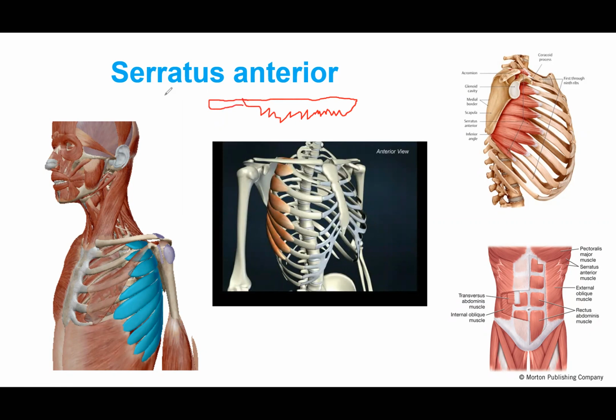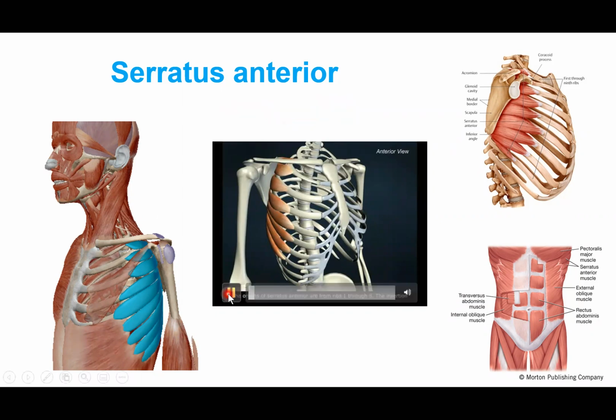Sorry, that drawing's not perfect, but serrated means it has this teeth-like situation. And as you can see, this muscle has this feathery, teeth-like situation going on here. So let's learn about it.